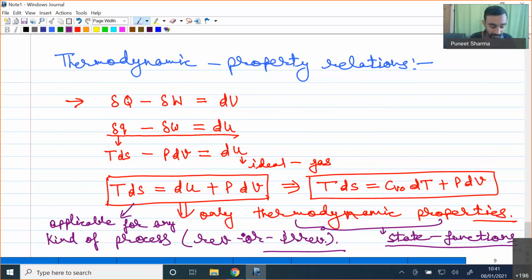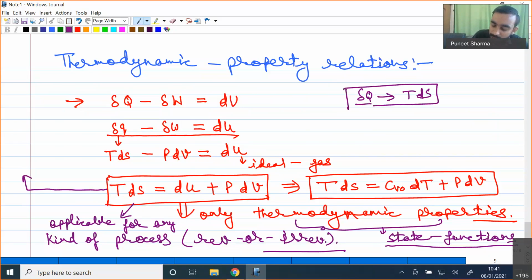However, if I have to integrate this equation, integration has to be done only along the reversible path, because this replacement of del Q by T into dS is applicable only for a reversible path.